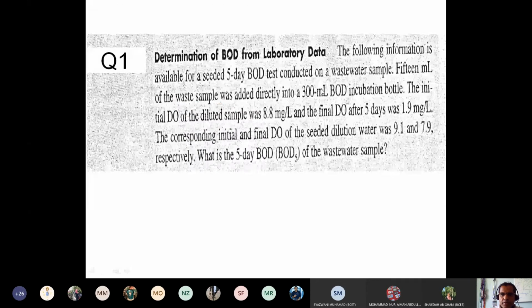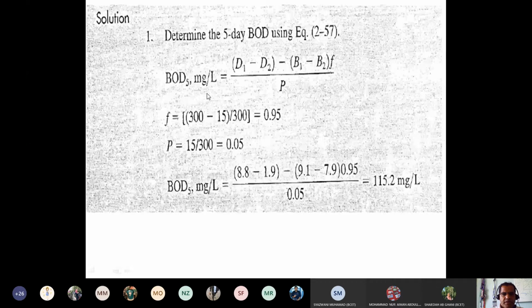This 15 is what here? 15 mL of the waste sample. Okay, so the waste sample is 15, divided by total. And then you calculate BOD5: (D1 minus D2) minus (B1 minus B2), multiplied by F, divided by P. You will get 115.2 milligram per liter.